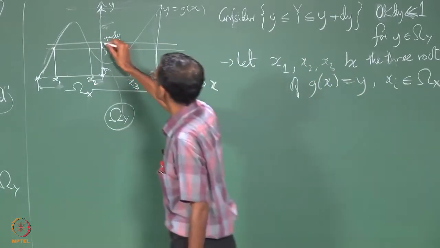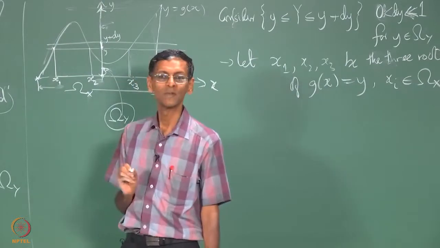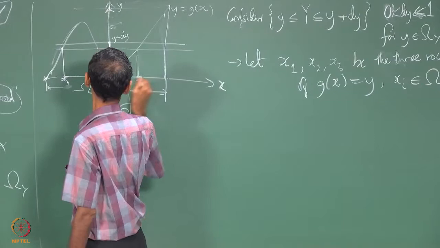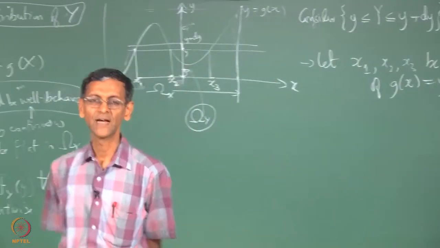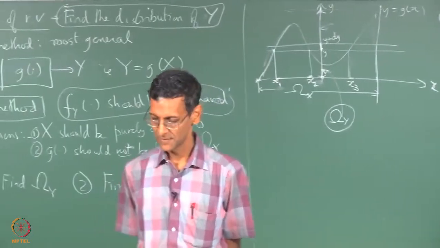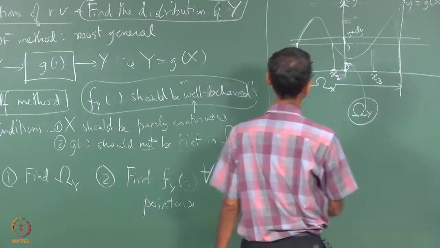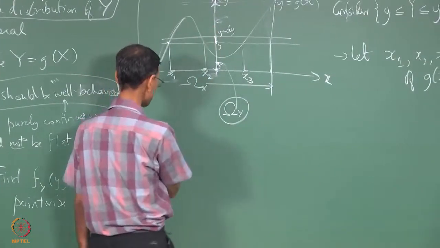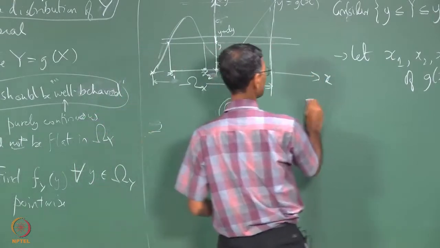If I want to be here, then the input should be either here or here or here, and the three events on the input side are mutually exclusive. So, the key point as far as this picture is concerned, I suppose I can start writing it here.